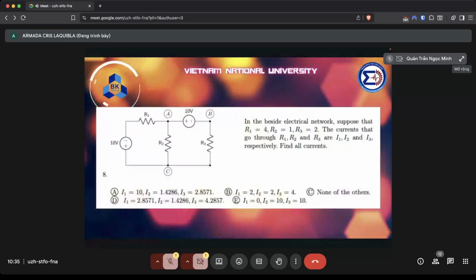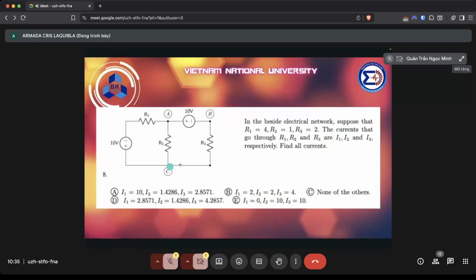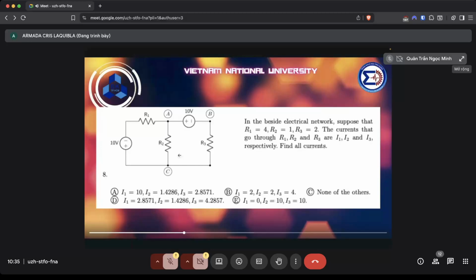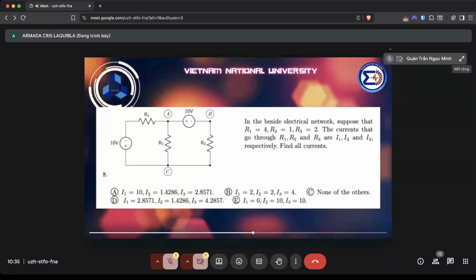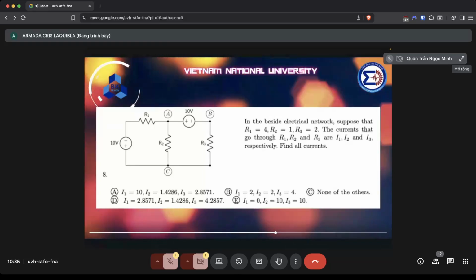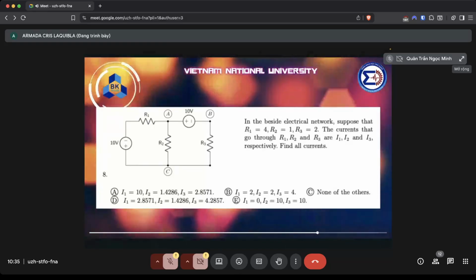By the way, this system is the same as our previous question, and it's asking only for the current I1. It's number 6 of the part 1 class, and I revised it already. That's how to get it correctly.